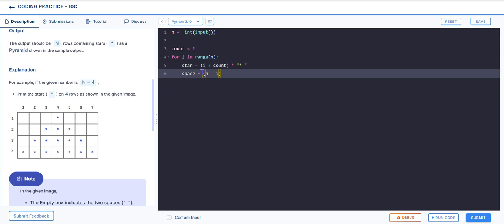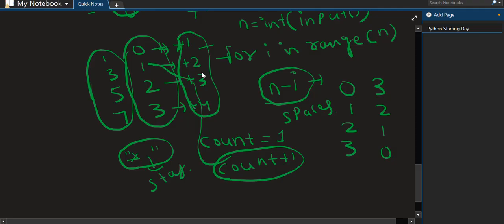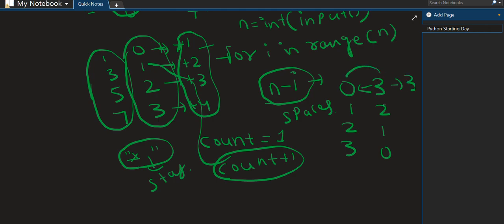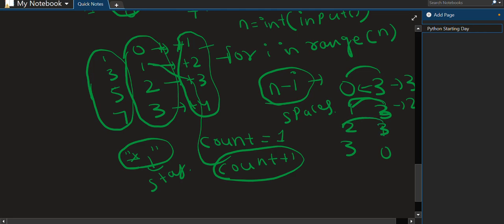Why? Because if you look into this, here n minus I spaces would be added. Then it should be 3 minus 0, 3 spaces first of all, then 3 minus 1, 2 spaces, again 3 minus 2, 1 space, 3 minus 3, 0 spaces.